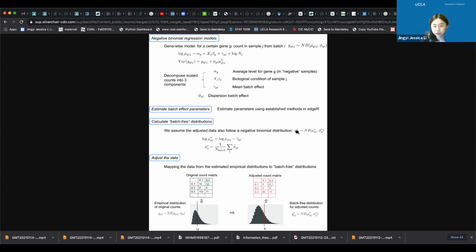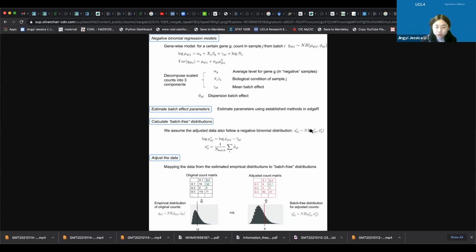Because you see here, we will assume the adjusted count comes from this new mean and the new dispersions. I'm going to skip this part. It's not that important compared to the mean. So the mean adjustment is the key. And then you're going to draw your sample from this adjusted distribution.